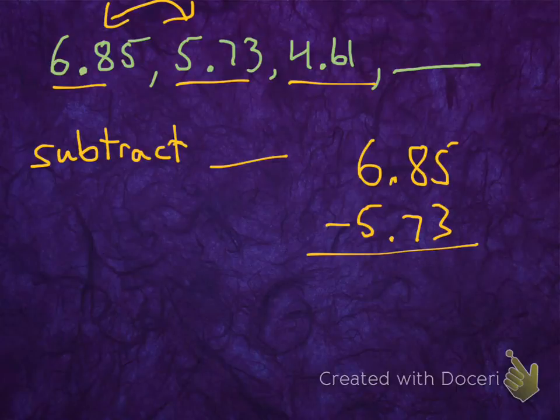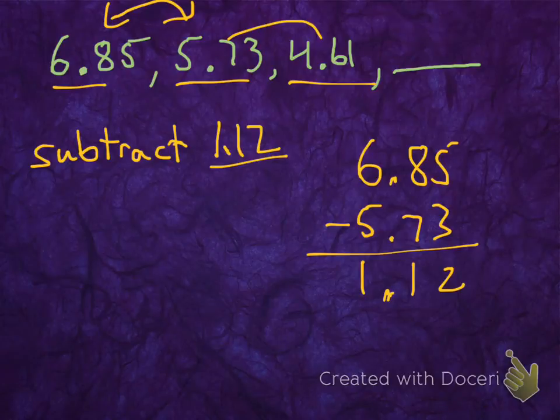I'm subtracting the smaller amount from the larger amount, and what I'm left with in this case is 1 12/100. If this is a true pattern, which it is, I know that the difference between each consecutive number will be 1 12/100. Therefore, my rule for this is subtract 1 12/100.